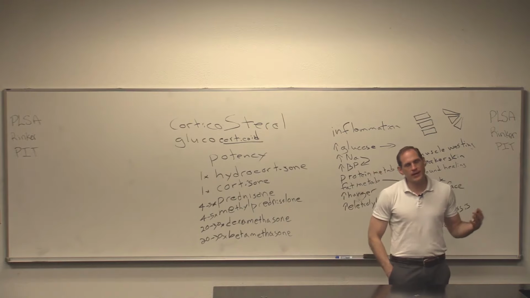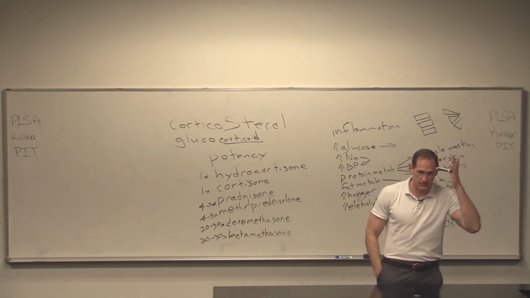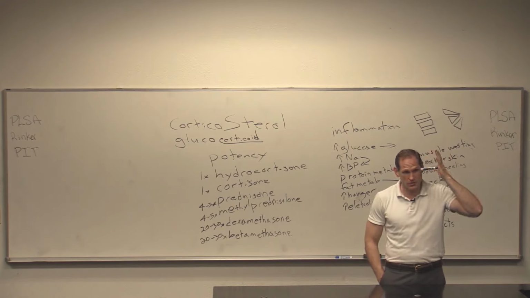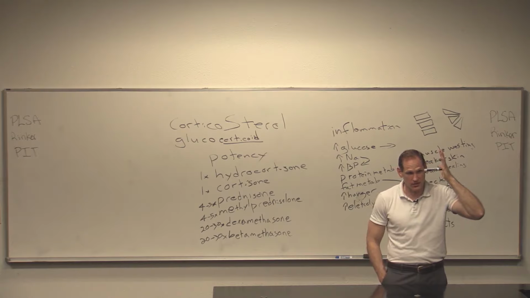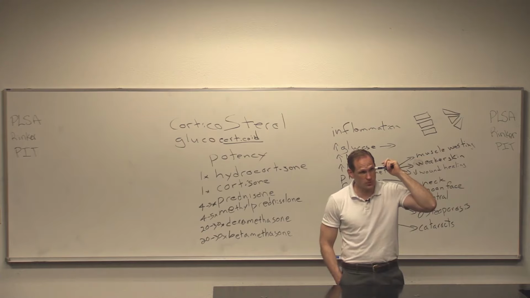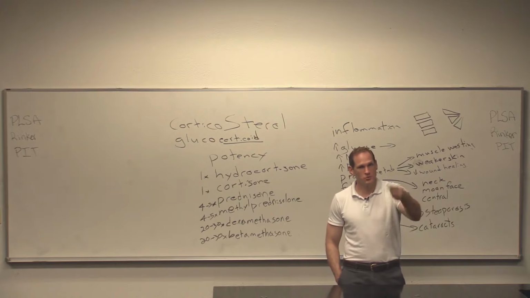So if you remember back to ANP2, there's a little thing in your brain called a hypothalamus. And that releases a little something that goes down to a little gland. What's that gland called? The pituitary gland. And then that secretes something called adrenocorticotropic hormone, or ACTH. That goes down to your adrenal gland and tells your adrenal gland to produce cortisol.